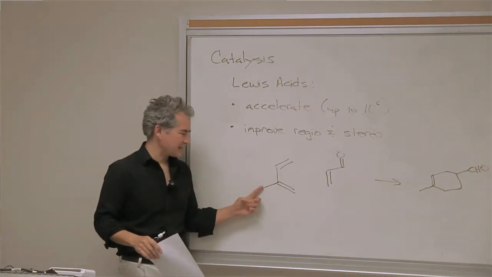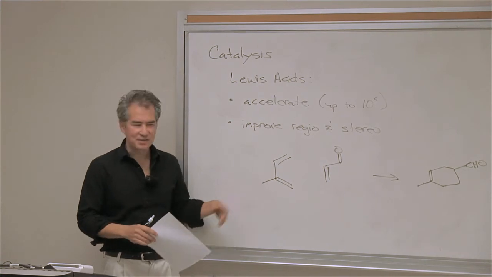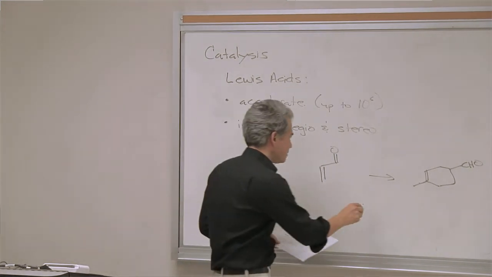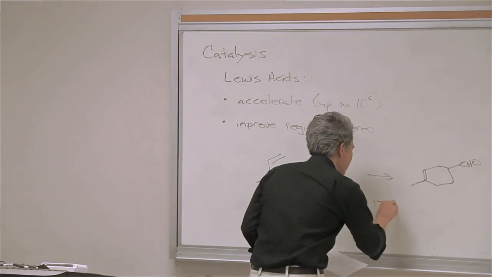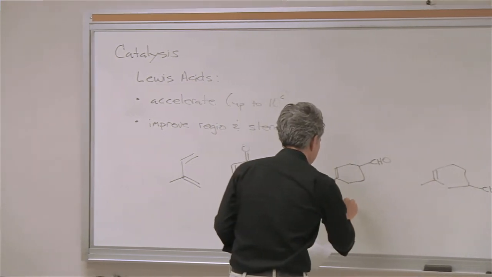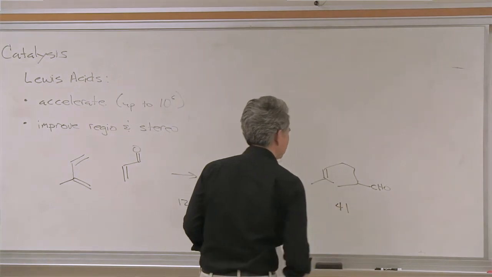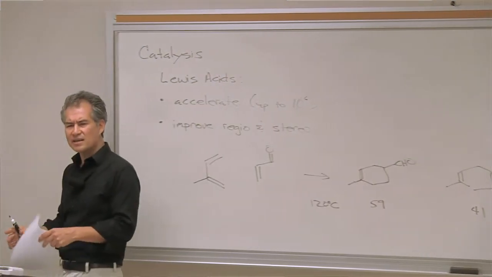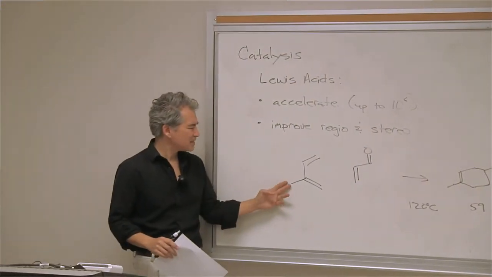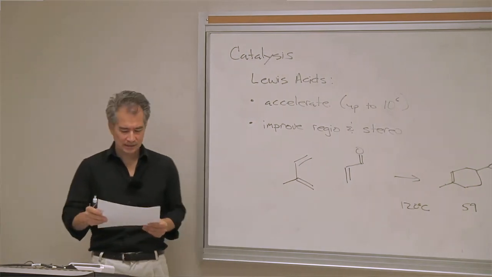And again, this is not like a resonance donor. CH bonds are not very powerful resonance donors. So if you just simply heat this up to make the reaction work, 120 degrees, you get about a 60-40 ratio of these two products. The para is favored, but not by a lot. And again, that's because methyl is not a super powerful donor.